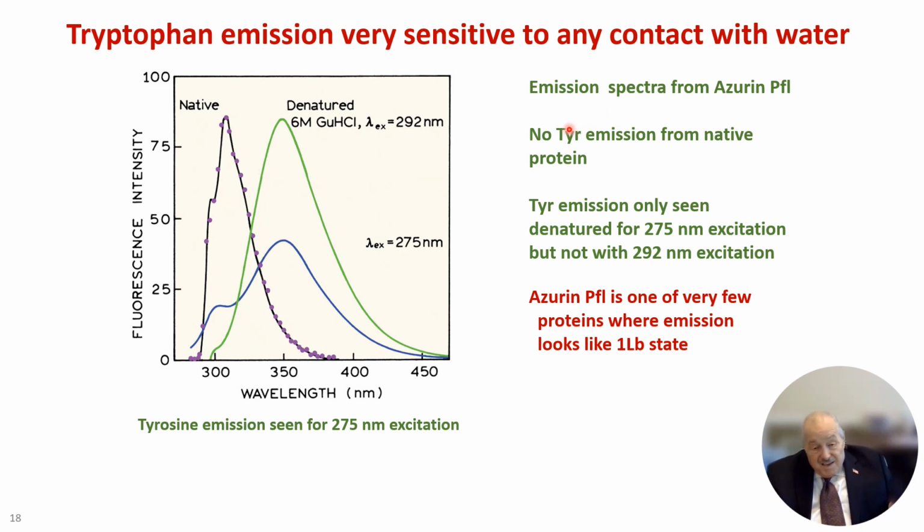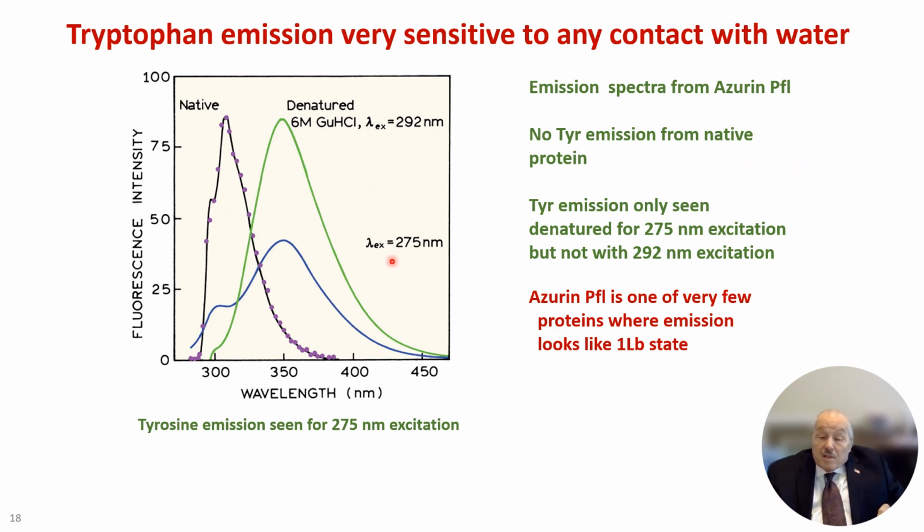And the search was taken a little further to look for proteins that really looked like only the 1Lb emission, the higher emission. And one of these was this protein azurin from a microorganism.